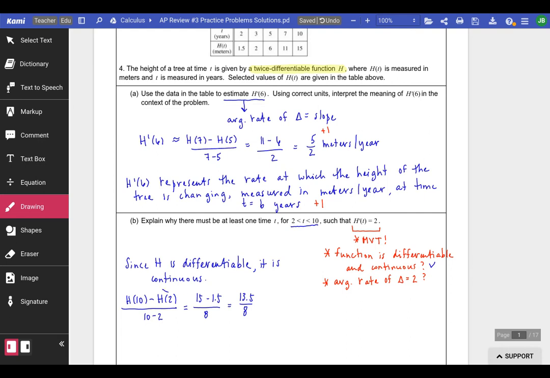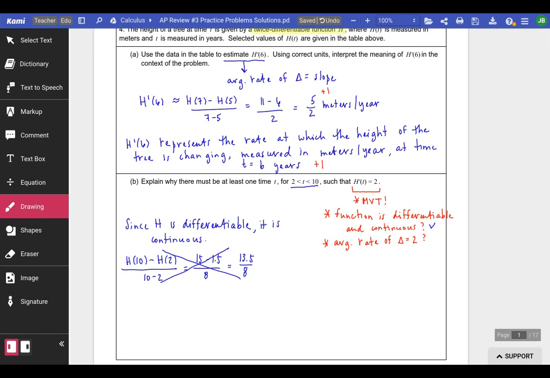So I'm going to cross this out here because that didn't get us where we want to be. So let's see. I'm looking for an average rate of change of 2. And here's what I notice. If I look over the interval from 3 to 5, so I'm going to do h of 5 minus h of 3 over 5 minus 3.